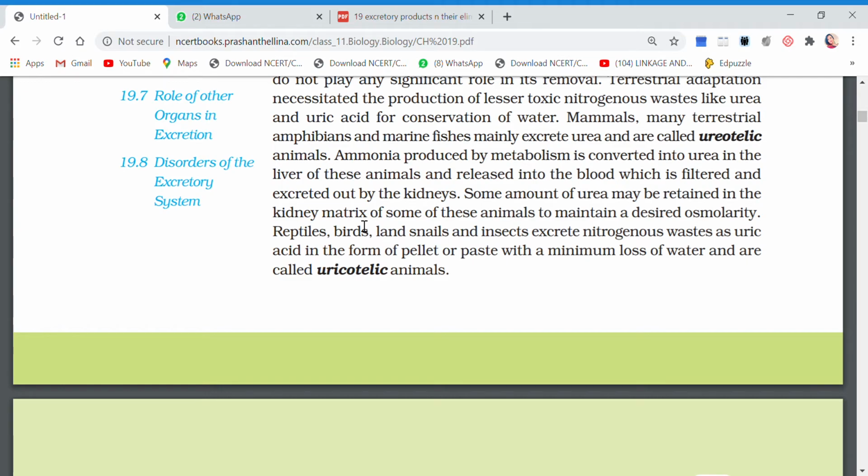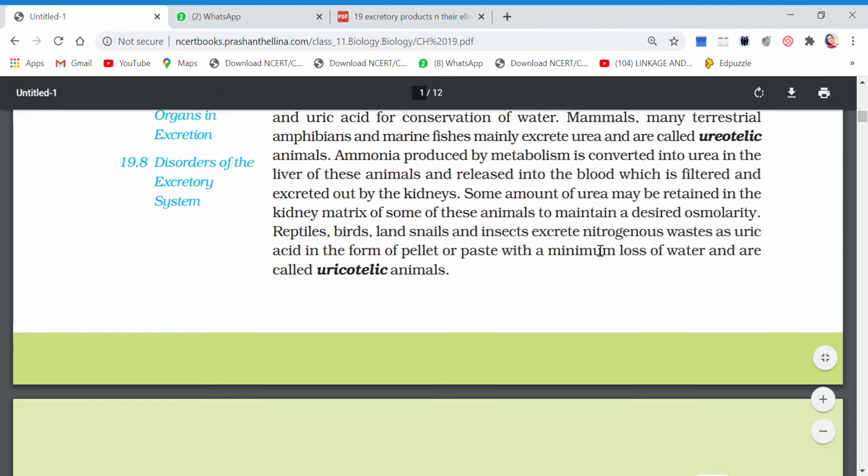Birds, you have seen, they do white color excretion. When you are sitting under a tree, you see white color excreta being thrown on you. What is that? That is urine which is passed by the birds, and it is so thick. Why is it thick? Because minimum amount of water is required, and such animals are called uricotelic animals.